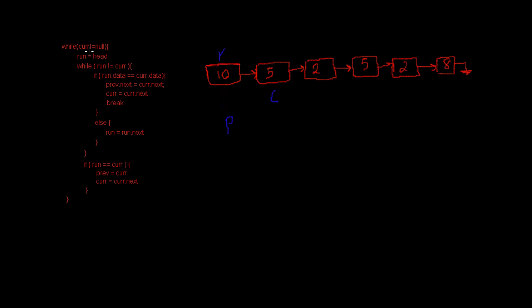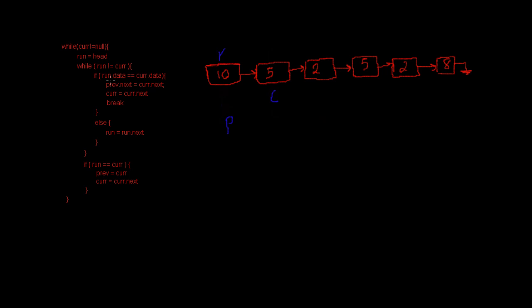Then we go to the beginning of the while loop again. So we haven't reached the end of the linked list. We set runner equal to head, and then while runner is not equal to current, we're gonna execute these statements. So each time that we want to go from the head of the linked list to this current, we're going to check if we have any duplicate.